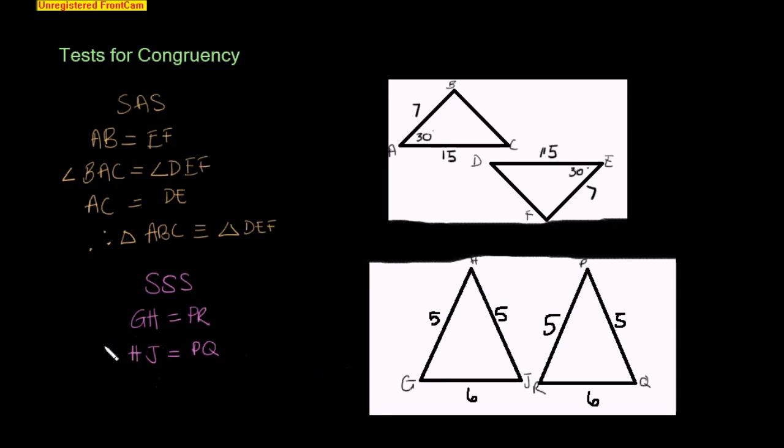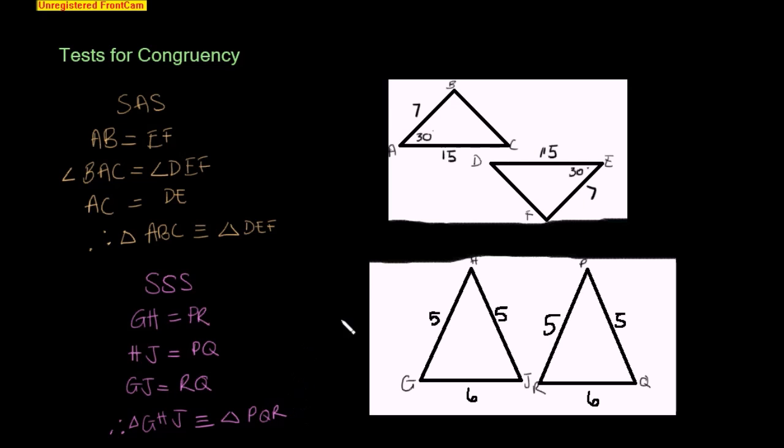And our last pair of matching sides, GJ, is equal to RQ. So GJ is here, RQ here. So we've got three pairs of matching side lengths, so therefore the triangle GHJ is congruent to the triangle PQR.